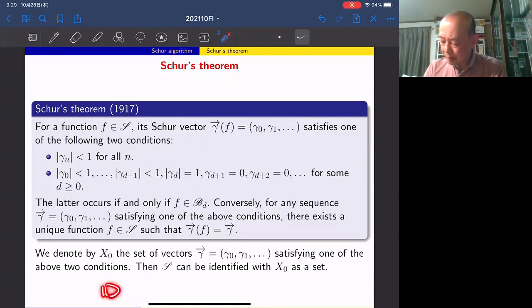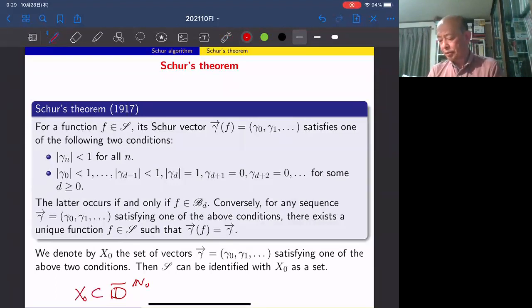I mean, the whole space is just this, and X naught is a subset of this, but not equal. Also, this space is not necessarily homeomorphic to the Schur class, if X naught is equipped with the relative topology of this set. So this is some sort of difficulty.